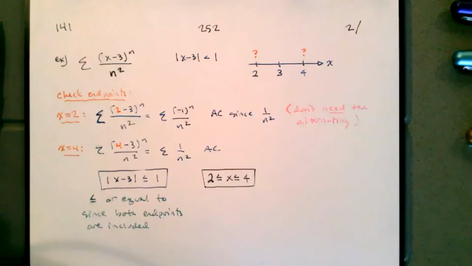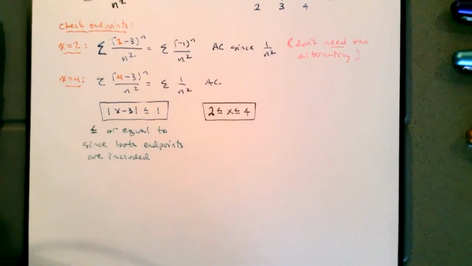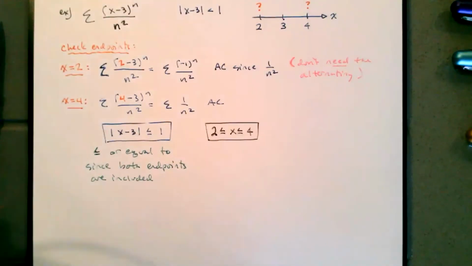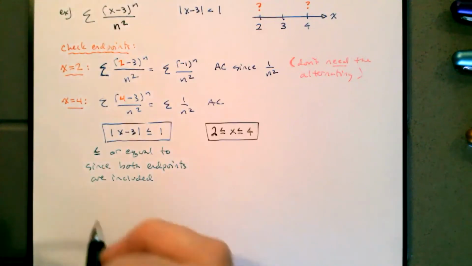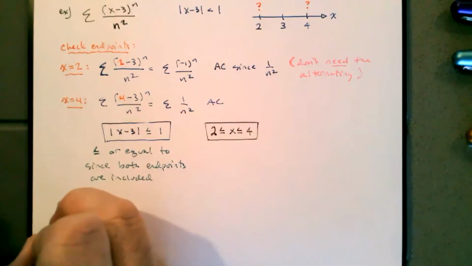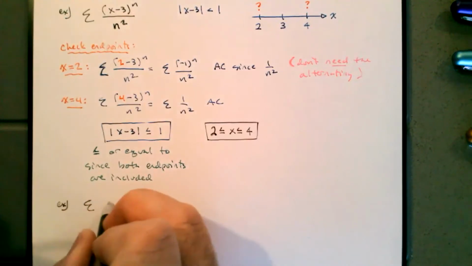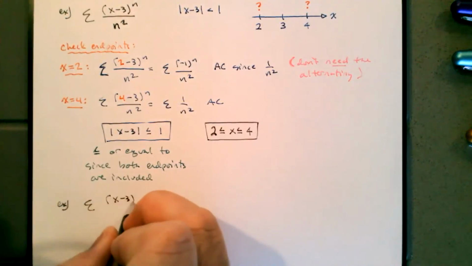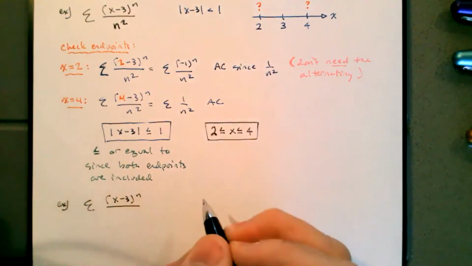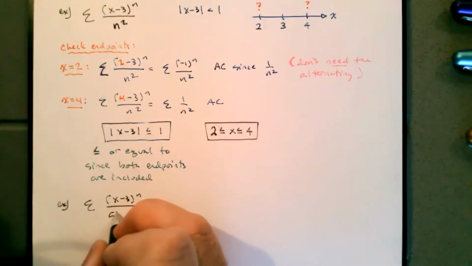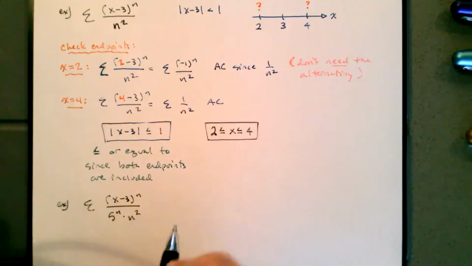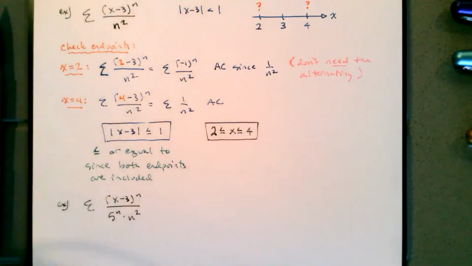Let's suppose that I put some more factors on there and see how things change. So here we had (x minus 3) to the n over n squared. Let's suppose we have the sum (x minus 3) to the n over 5 to the n times n squared. So looking at this, I see there's a 5 to the n. That's going to affect any finite radius of convergence.